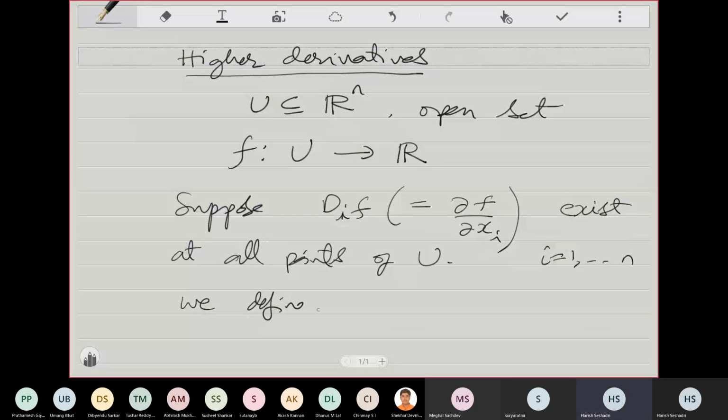Actually, I don't need all i equal to 1 to n. Even if it's for one i, that's okay. Suppose this exists at all points of U. Remember, this is the same as, in classical notation, del f by del x_i. And let me call this index j, not i.